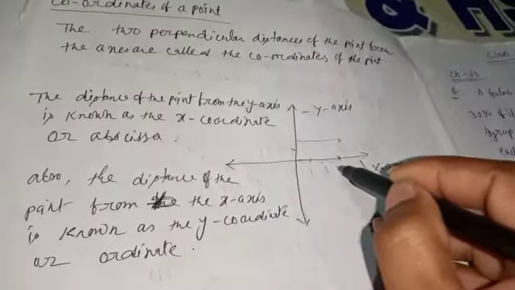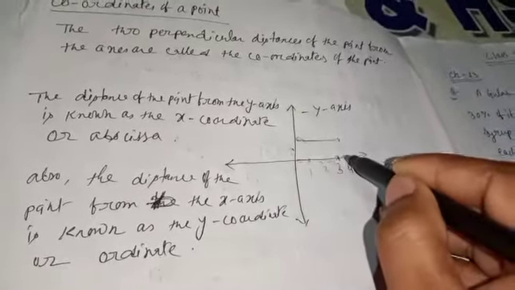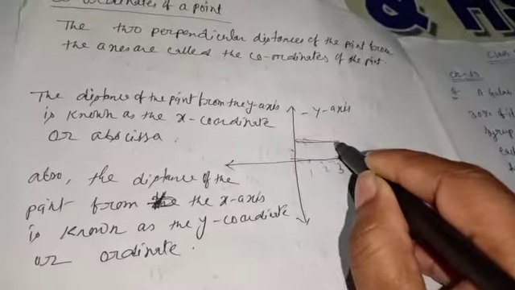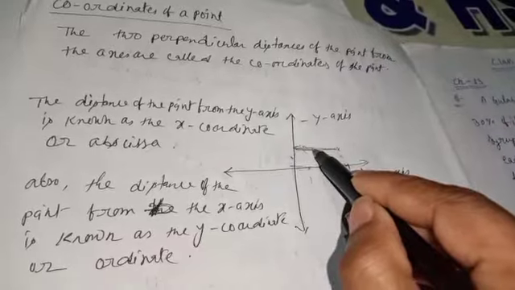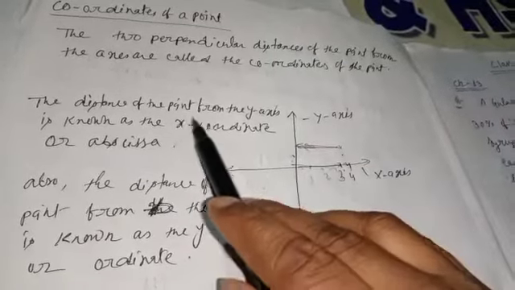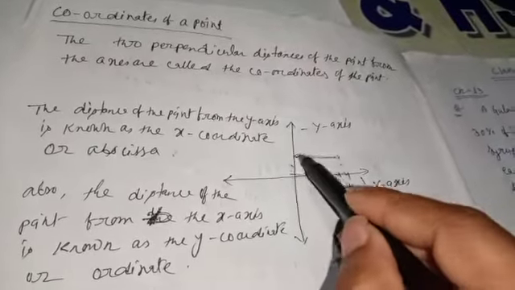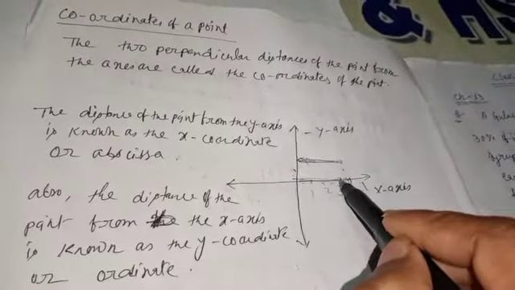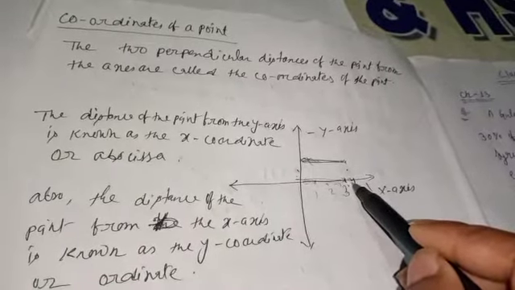Understood? Suppose 3 or 4, this one. This distance is perpendicular from here. It is given here: the distance of the point from the y-axis is known as the x-coordinate. This line is parallel to this line. This distance is how much? 4 units.